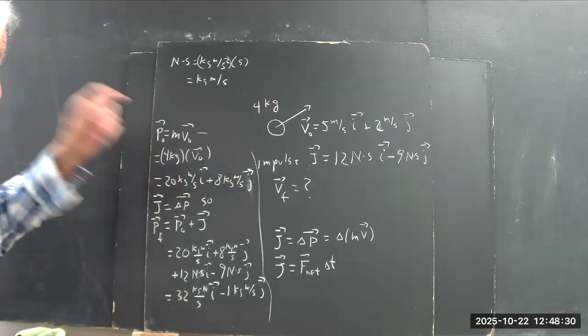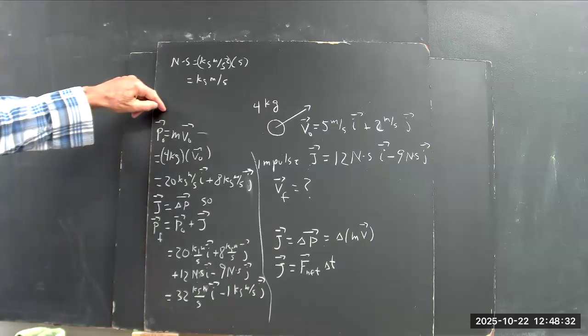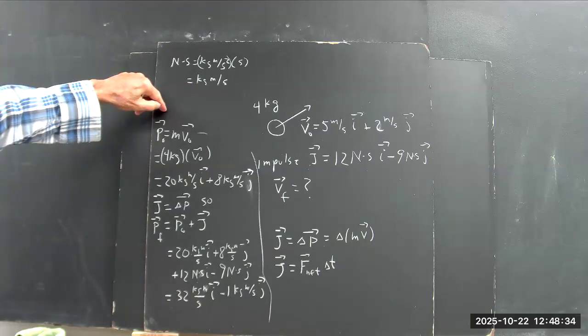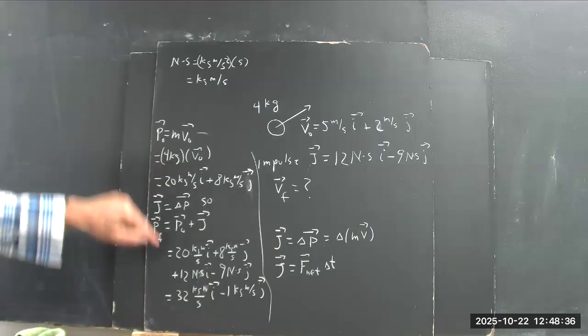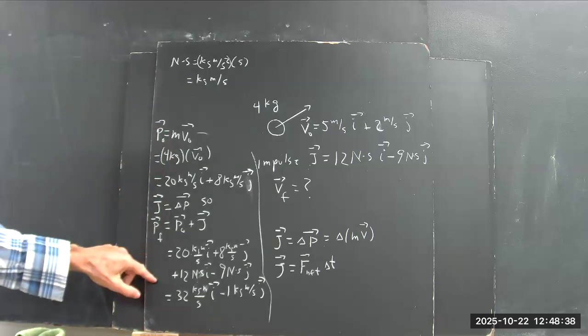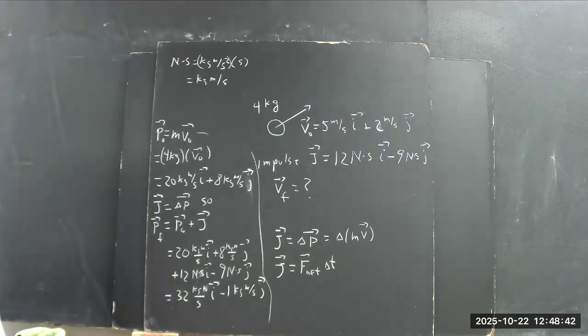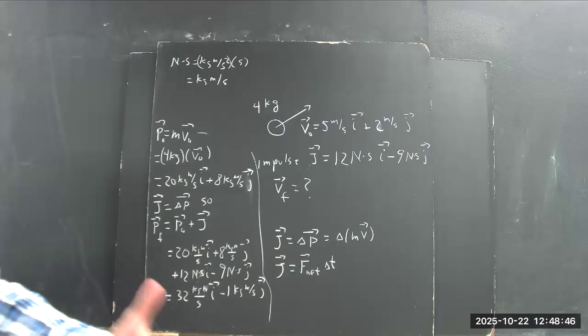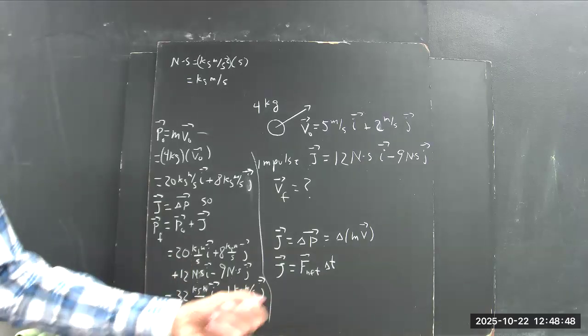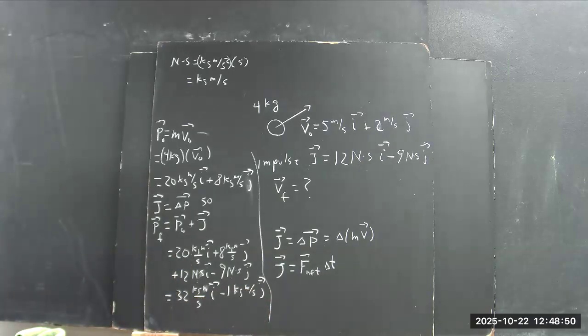So I think most of you probably got a good result. If we think in terms of momentum, though, we don't have to get our hands dirty with velocities. Then if we want velocity, if we know the momentum and the mass, we can easily find it.